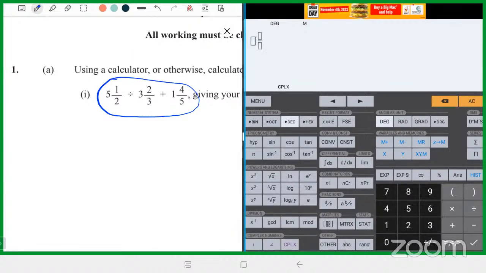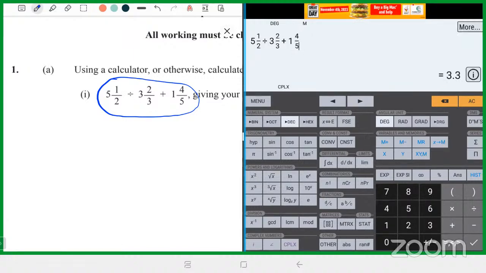Starting out with a mixed number, 5.5, we're dividing another mixed number, 3 2/3, and then we're adding another mixed number, 1 4/5.